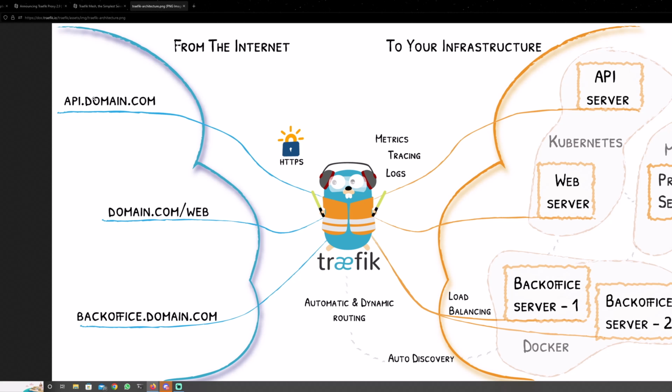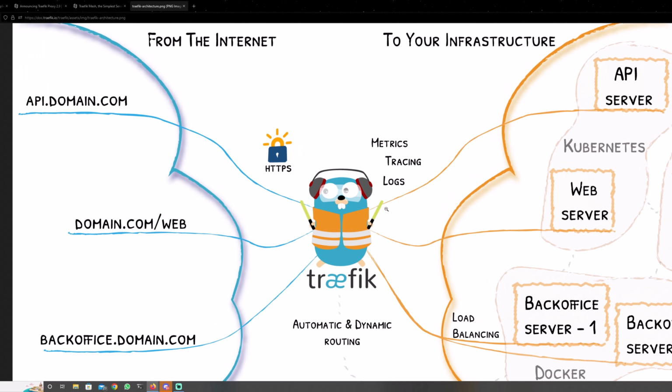As I was telling you in the example, api.domain.com, the user visits the website. Traefik has the certificate for this website, and it does the TLS negotiation, and if the website is encrypted, then Traefik has the routes for this domain to reach out to a specific service.